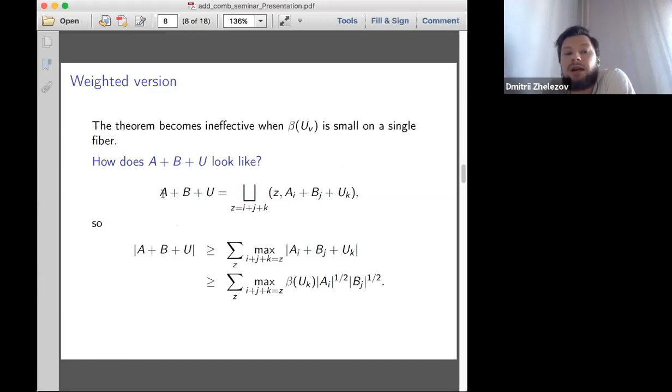Okay, let's have a look at how our tripling actually looks.